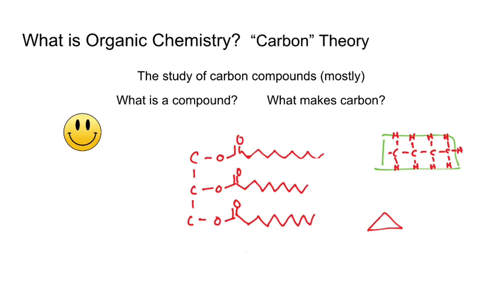How many hydrogens are on that green carbon? 2. How many hydrogens are on, whoops, not green. Let's make that purple. I'll get out of your way in just a second. That purple carbon. 3.